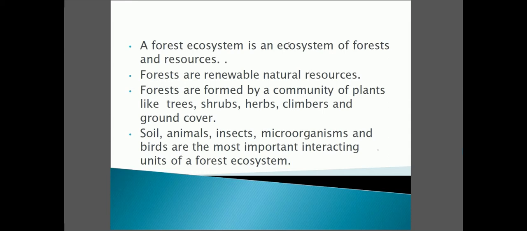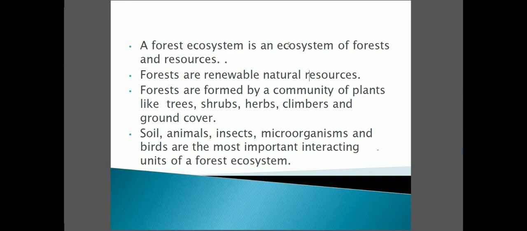Forests are renewable natural resources. That's a very good point. Renewable natural resources could be very good organic substances for nature. They are a blessing from God, as they can fix carbon dioxide from the atmosphere into their bodies.